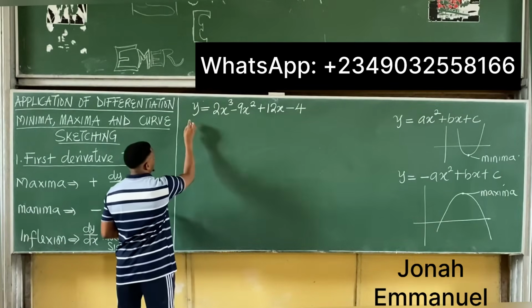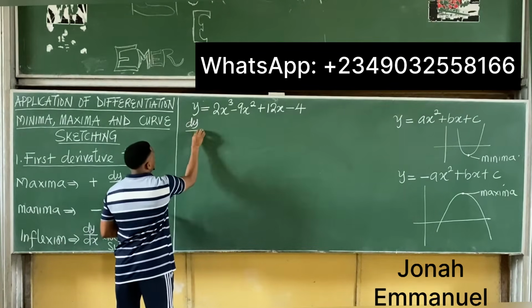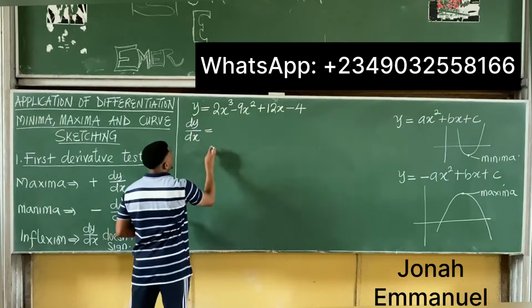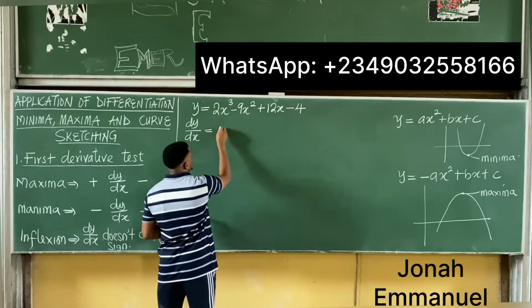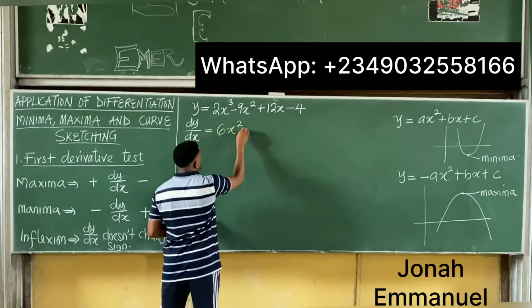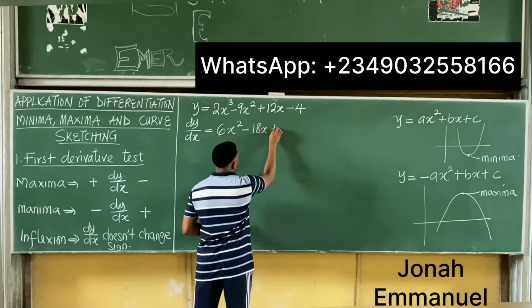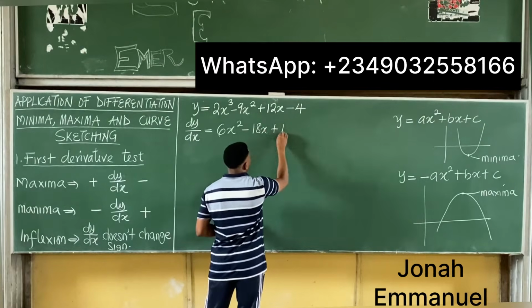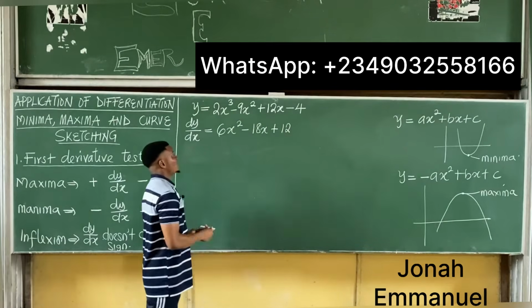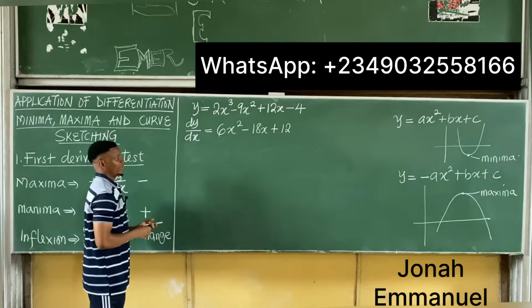If I differentiate it, this gives you 6x squared minus 2 times 9, that's 18x, plus 12. So I have my dy over dx as this value here.